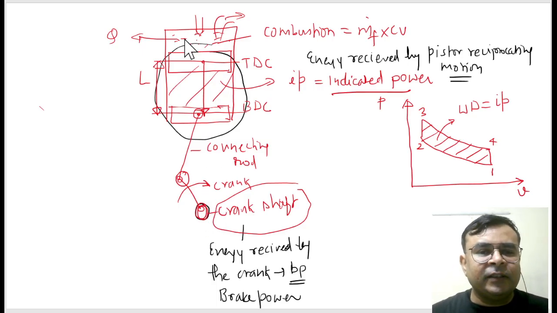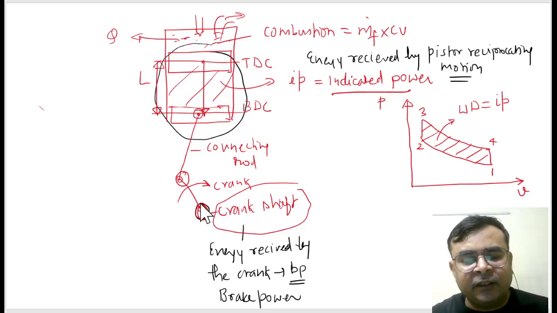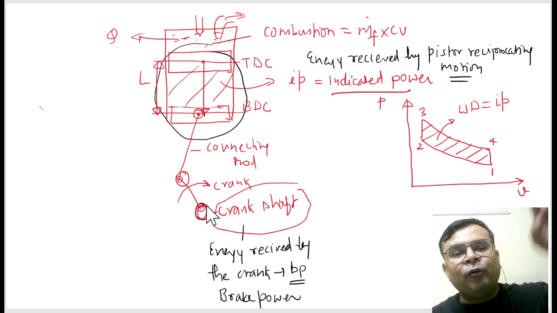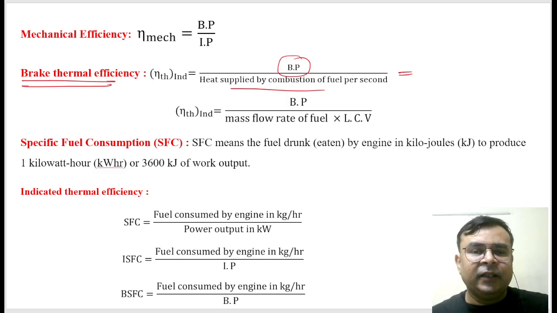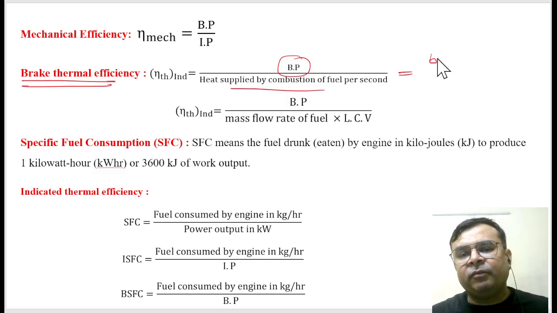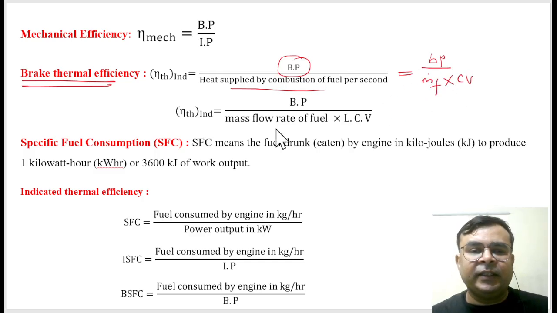So in between this energy generation and receiving this energy at the crankshaft, how much efficiency does our system give, is it right? Simply it is represented by brake thermal efficiency. So we have brake power divided by mass flow rate of fuel into calorific value, that is CV. Is it right? So like this you can calculate the brake thermal efficiency.